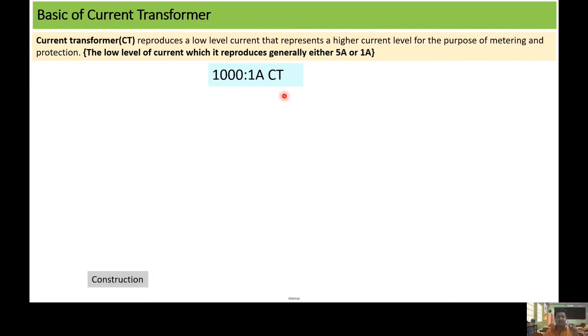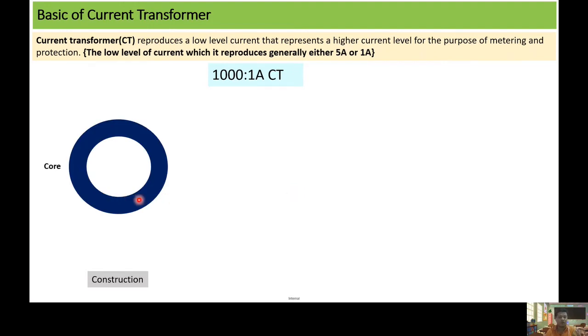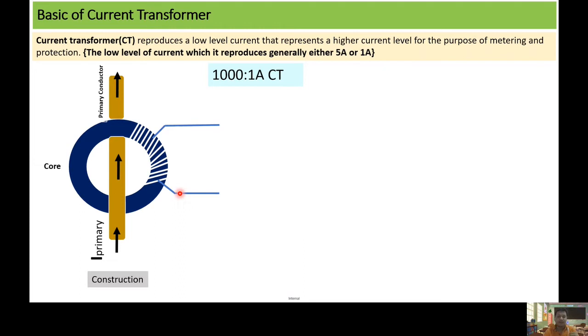First let us understand the construction of a current transformer. The current transformer has a hollow core, and this hollow core has a winding which depends on the ratio of the current transformer. If a primary conductor is passing through this hollow core and an amount of current is flowing through this primary conductor, then the magnetic field which is generated around this conductor will drive current on the secondary side.